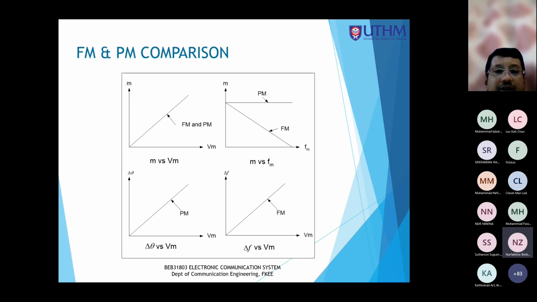I think you can read this statement, and this is the graph for the FM comparison. So this is actually beta F and beta P. You see that beta, the modulation index, is proportional to the VM.